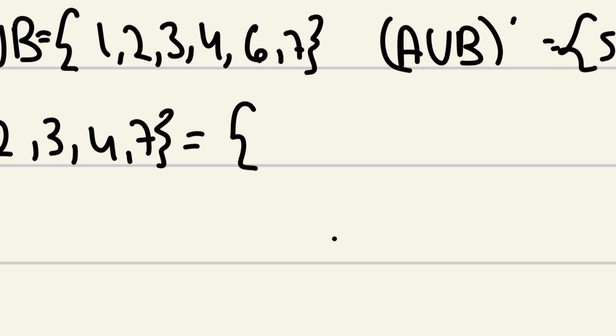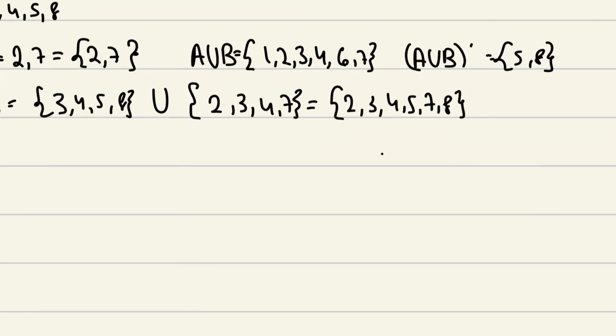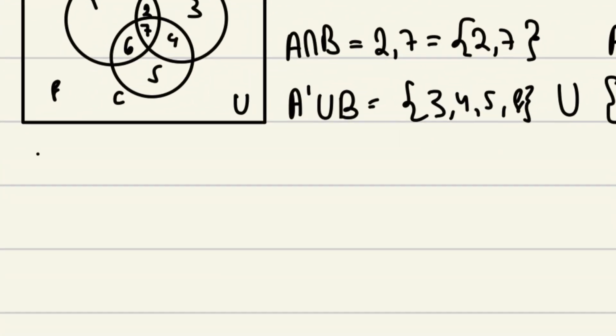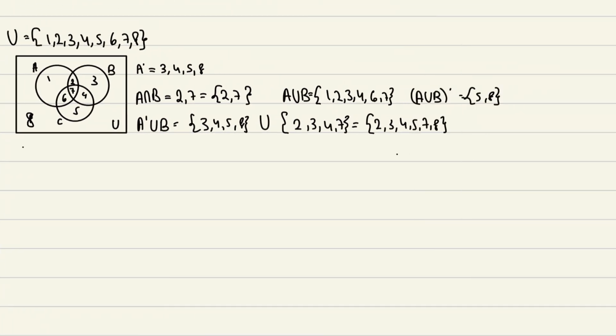We just combine them since this is OR. So it will be 2, 3, 4, 5, 7 and 8. So that's how we would look at this. So this is how you interpret Venn diagrams.